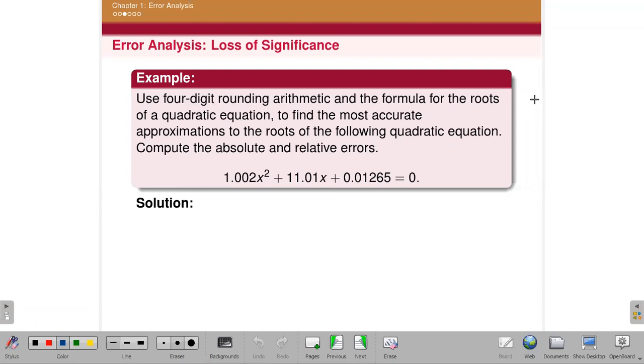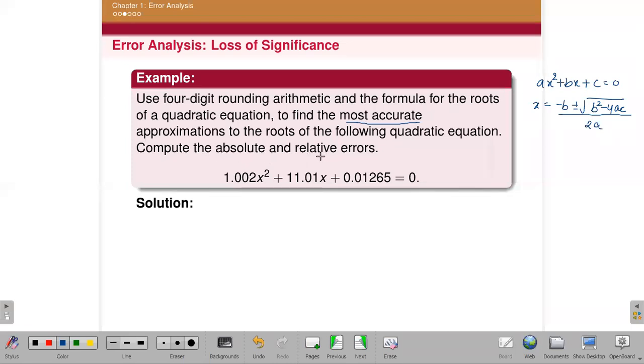So what is the formula for the roots of a quadratic equation? If your quadratic equation is this, then the formula, as you all know, is minus b plus or minus the square root of b square minus 4ac, all divided by 2a. You have to use this formula to find the most accurate approximations, meaning it should not be the worst approximation, to the roots of the following quadratic equation.